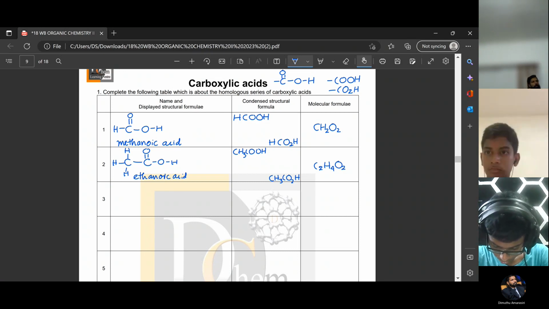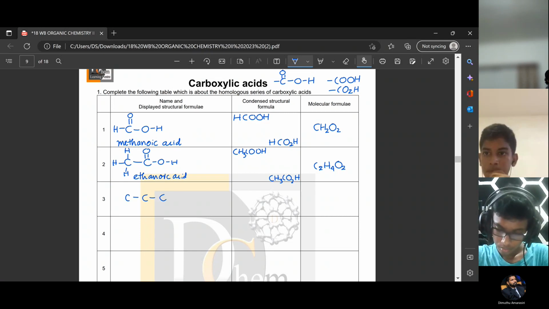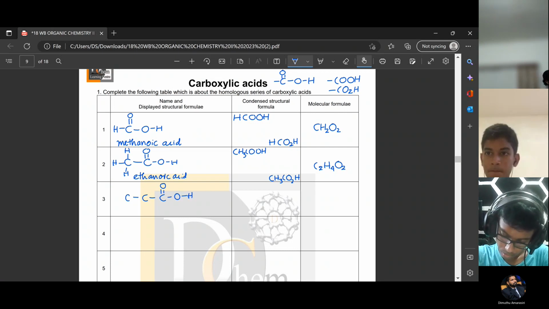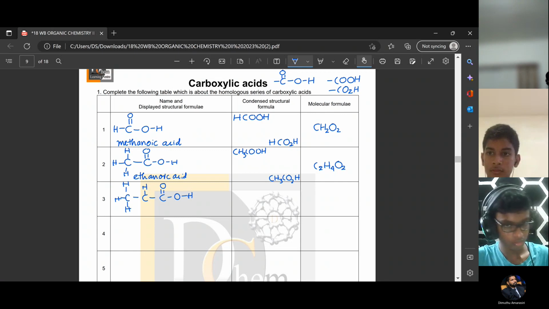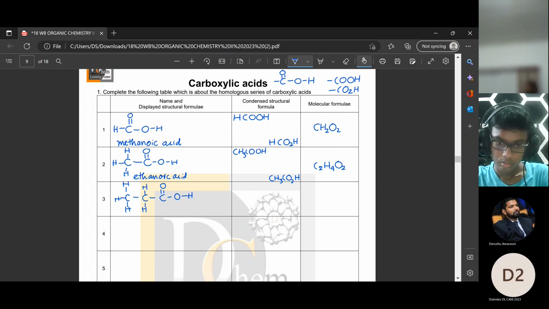Then you can move forward with this when you have three carbon atoms. What's the name of this carboxylic acid? When you have three, what do you call it? Prop.